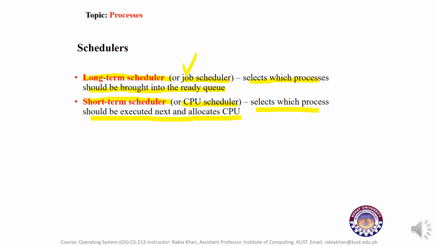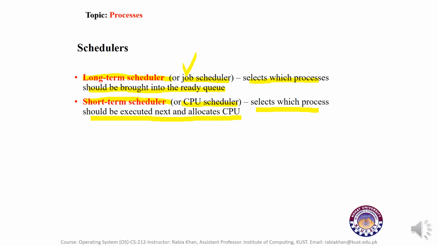Which process should be executed first? That particular process is taken to the head of the ready queue. So the task of the short-term scheduler is to shuffle the RAM on the basis of the priorities of processes. So which process should be executed next? That process is taken to the top of the ready queue and then the CPU is assigned to it.